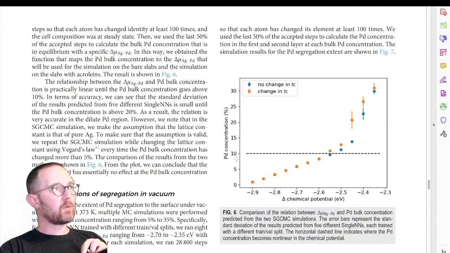That is mostly a reflection of the fact that this is the dilute limit, where palladiums don't really interact with each other. Once you go above this, you start to see some nonlinearity, and this is where you start getting into the concentrated regime, and we're not super interested in that regime.